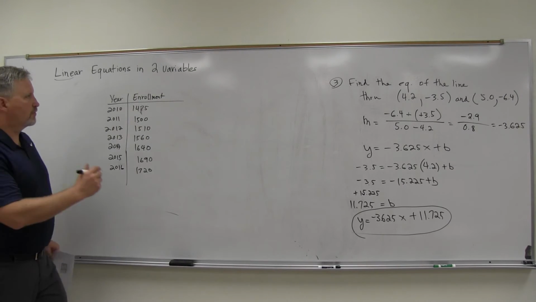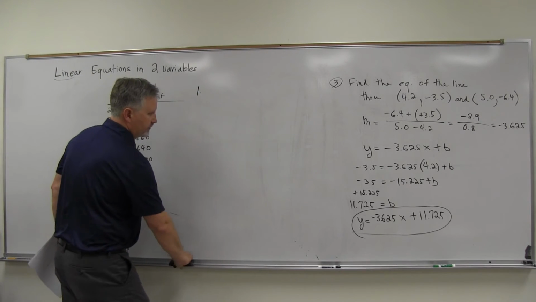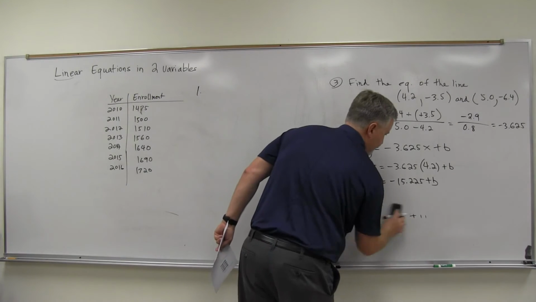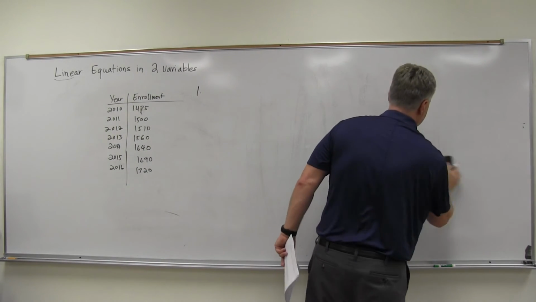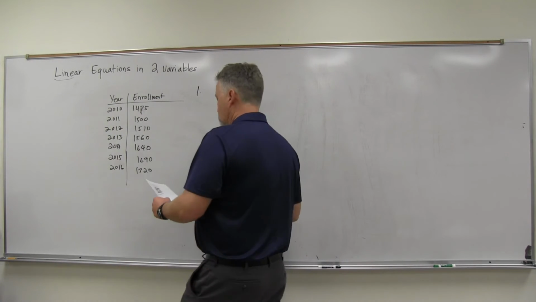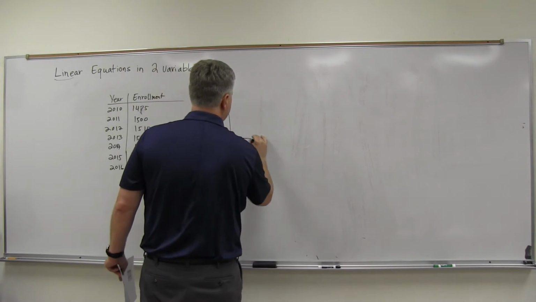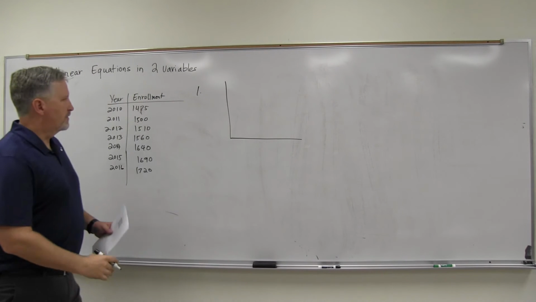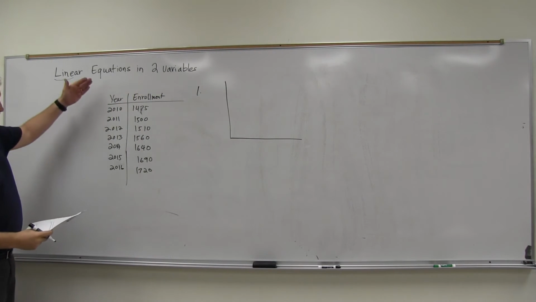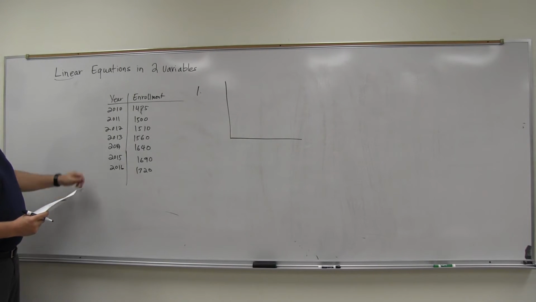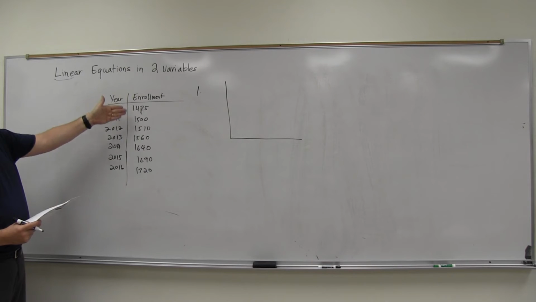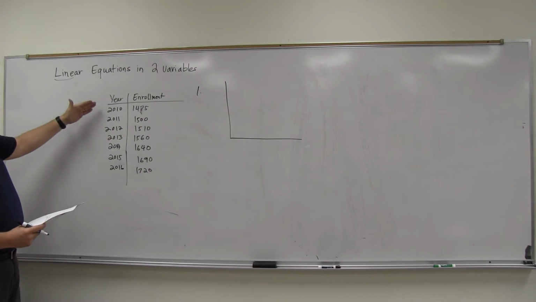Okay, so number one, yeah, we talked about scatter plot, so let's just put a scatter plot in for this one. All right, so yeah, our data is in the upper right quadrant. We'll let the X here represent the year on the X-axis, and then the enrollment on the Y-axis.